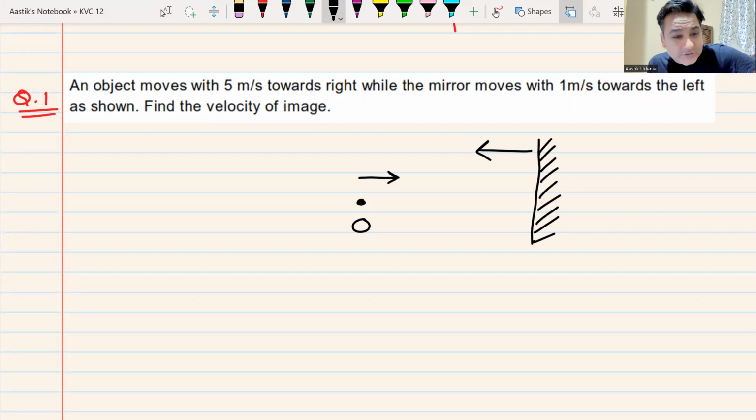What is the velocity of image? And I wait patiently for your answers.